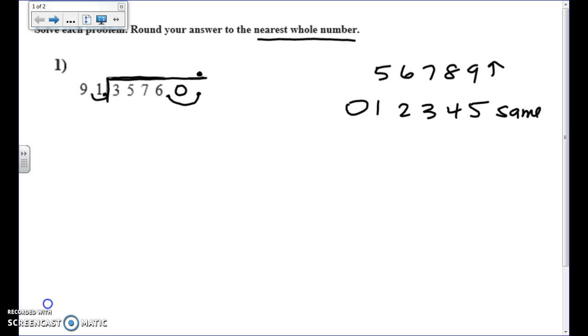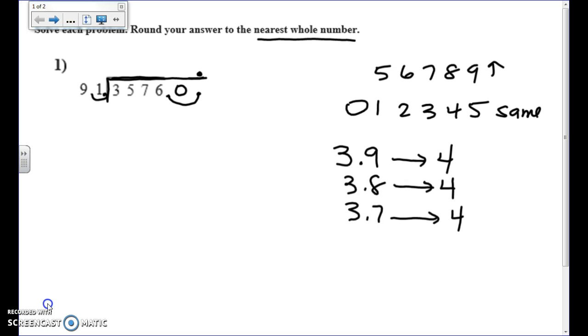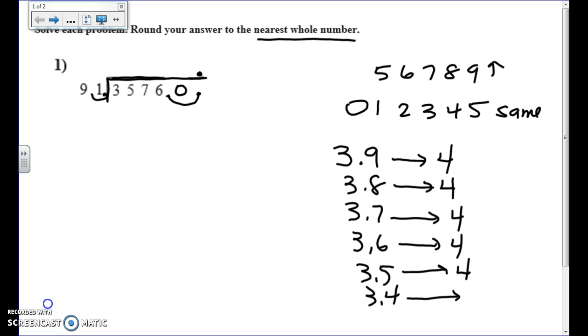Meaning if I had a whole number I was rounding to and I had 3.9, obviously this 3.9 would round up to 4 because it is closer to the whole number 4 than it is to 3. 3.8 rounds to 4. 3.7 rounds to 4. 3.6 would round to 4. 3.5 would round to 4. 3.4 would round to 3 because 0.4 is closer to 3 than it is to 4.